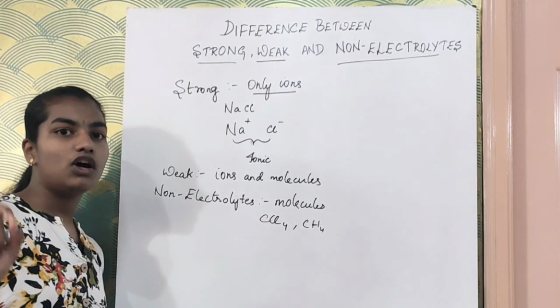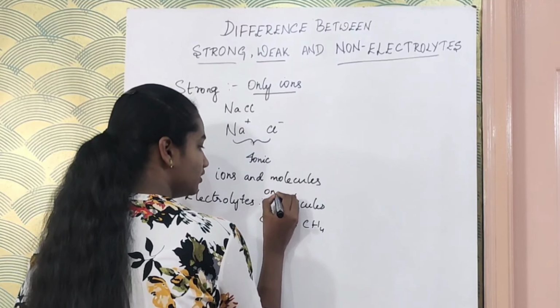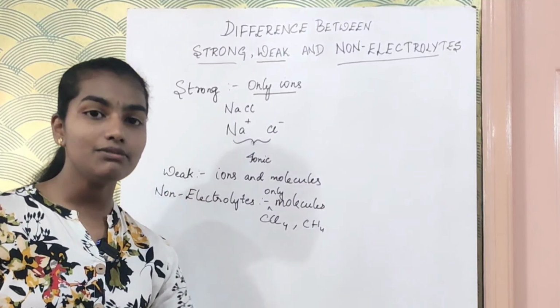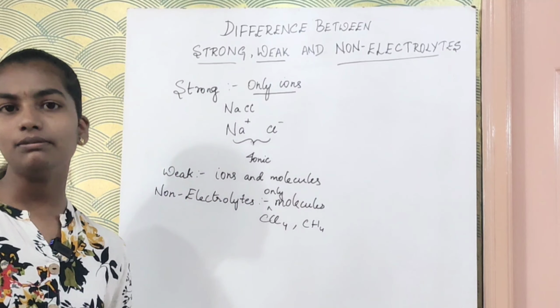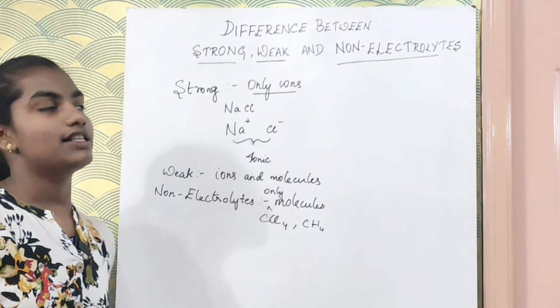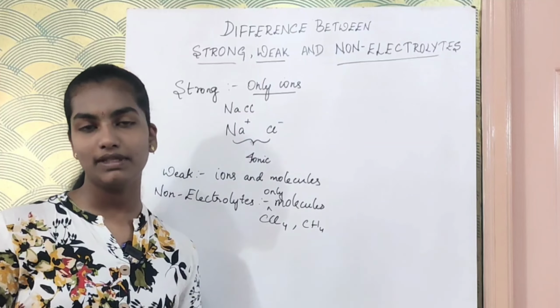Then we have non-electrolytes. Here don't forget to write only, they are made up of only molecules. They have only molecules, which is why they cannot pass electricity. Example, carbon tetrachloride and methane.